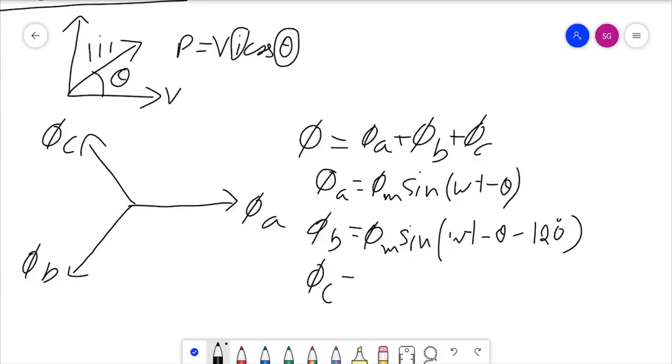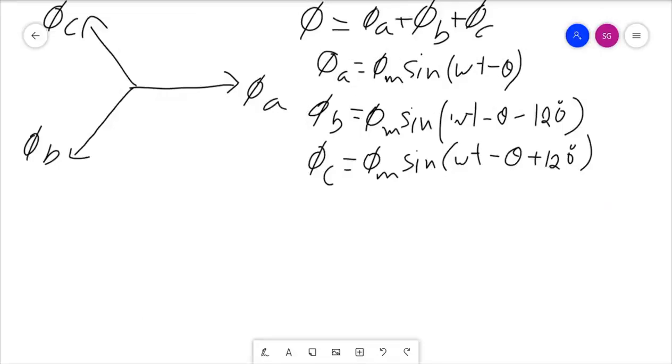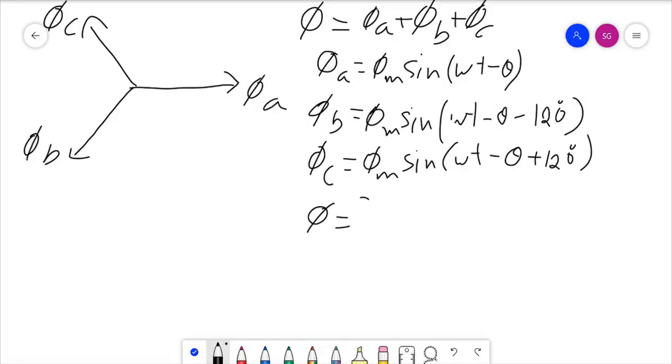and phi C is phi m sin(omega t minus theta plus 120 degrees). So our resultant flux, phi, will come out to be 3/2 phi m sin(omega t minus theta).